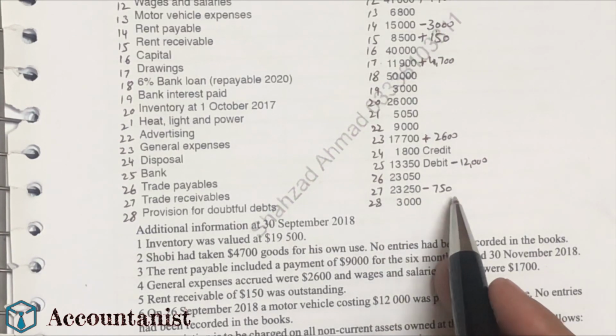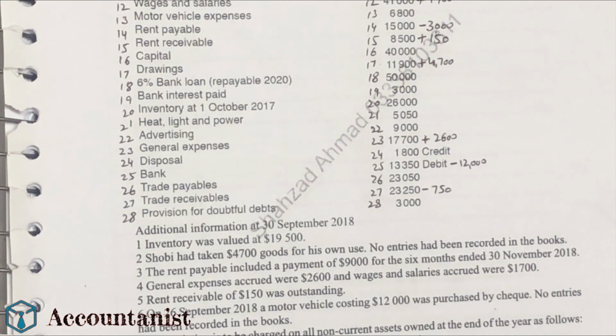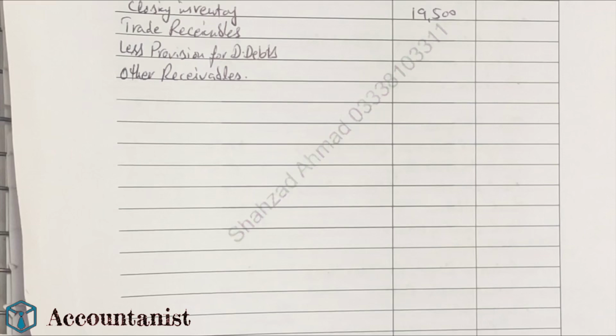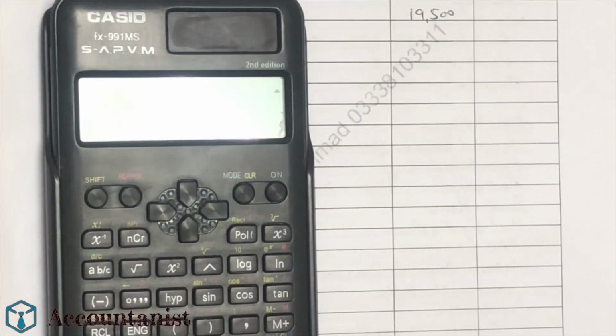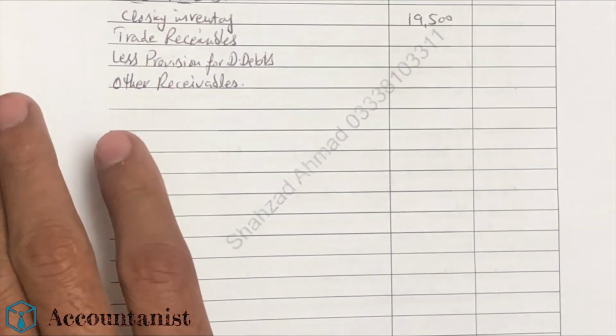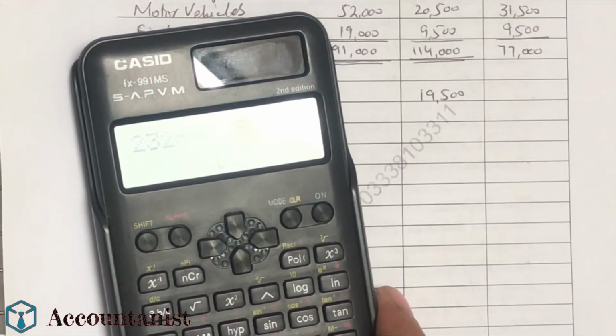Now the trade receivable figure that is given in the question is the second last number, 23,250, and there was an adjustment of irrecoverable debts, so we have to deduct this. So 23,250 less 750, it gives me the figure of 22,500.